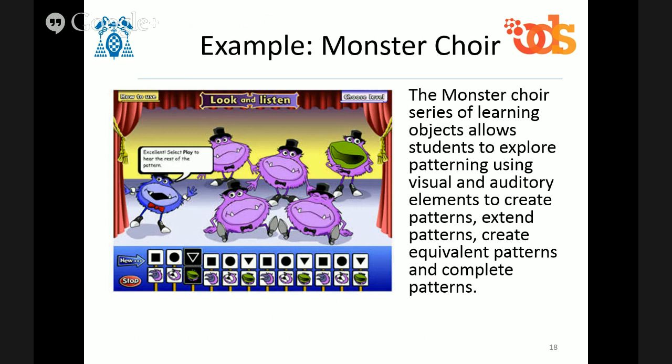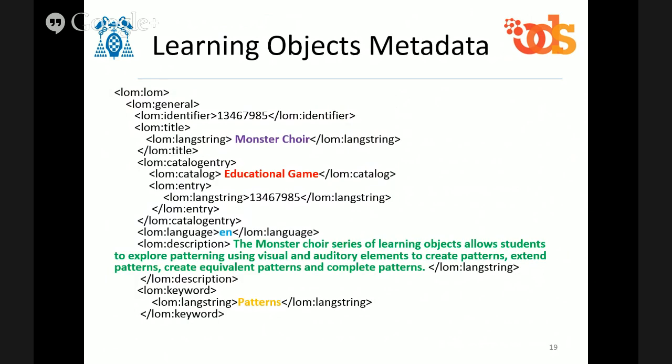So this is our learning object, and this is an example of what the metadata for this learning object will look like. And here you can see that it starts with the word LOM, which is learning object metadata, and some words like Monster Score, and here the title, educational game.